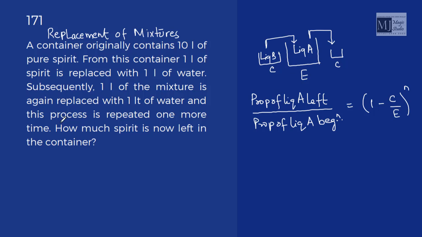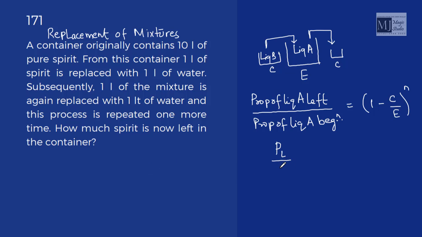So now, as per the given details, proportion of liquid A left is what we are supposed to find, PL by proportion of liquid A in the beginning. In the beginning, the entire vessel of 10 liters contains pure spirit only, which is our liquid A in this case.